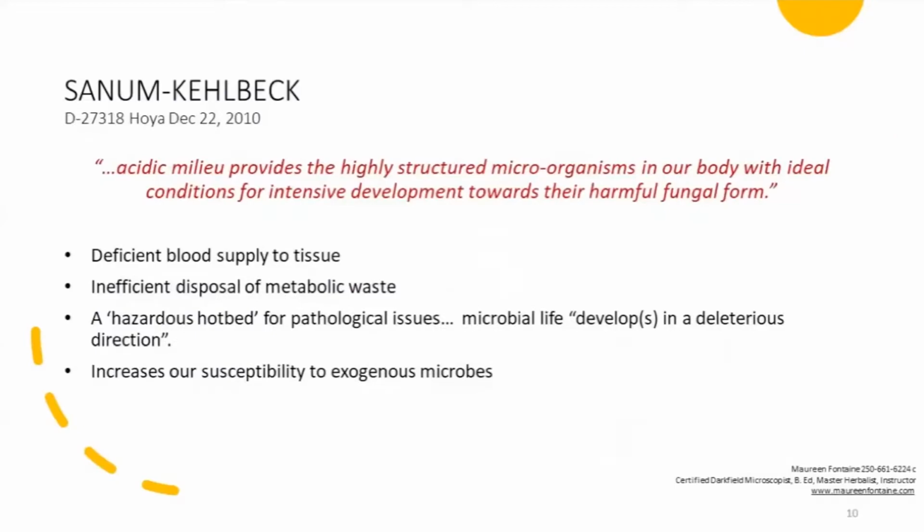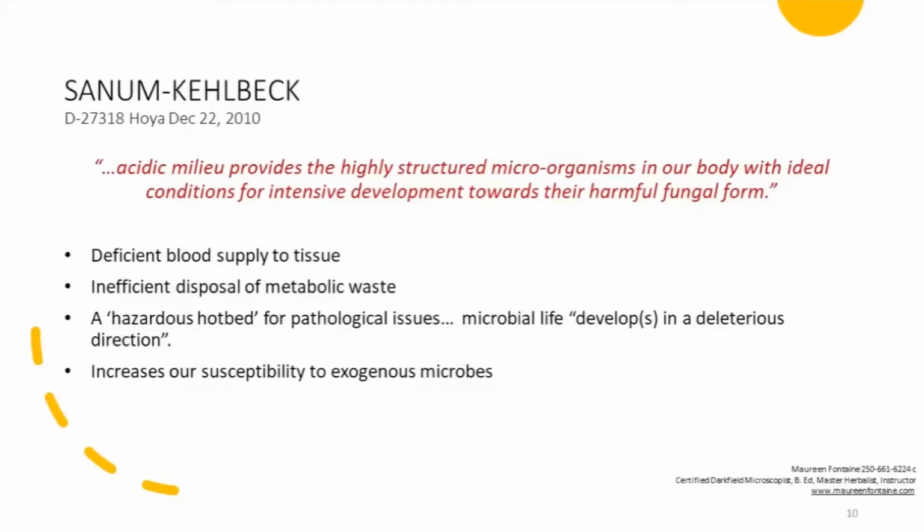Here we have a great quote. Acidic milieu provides the highly structured microorganisms in our body with ideal conditions for intensive development towards their harmful fungal forms. So we see that with an acidic situation, there's a deficient blood supply to tissue.